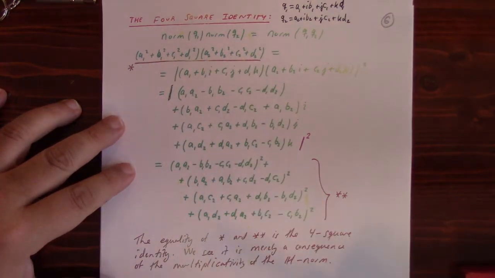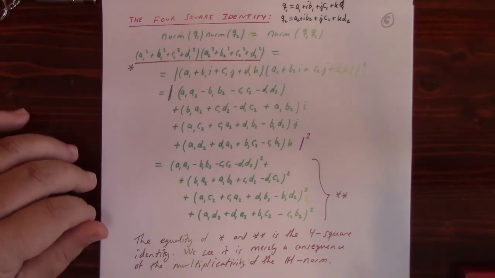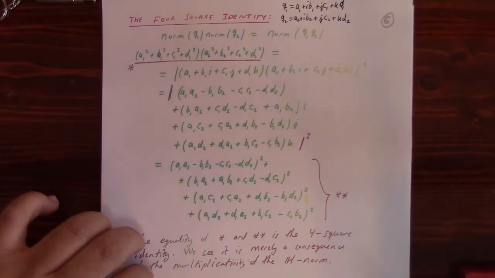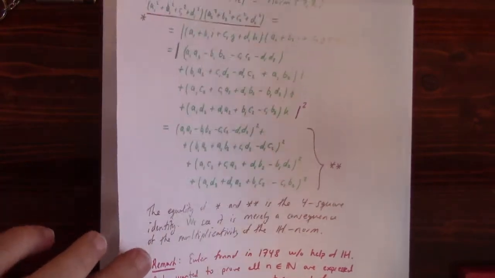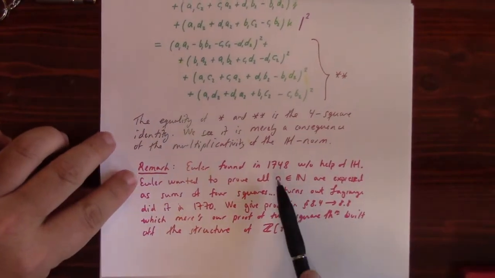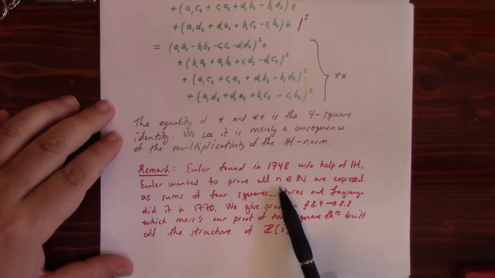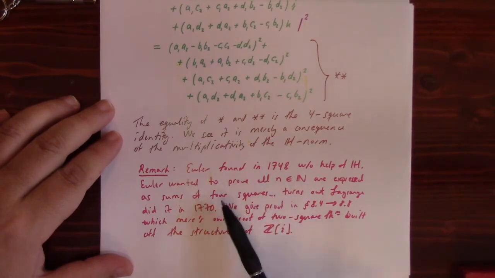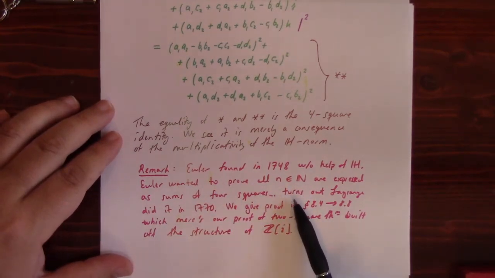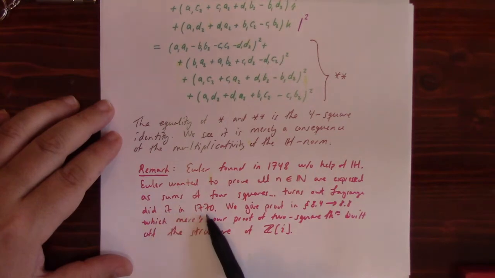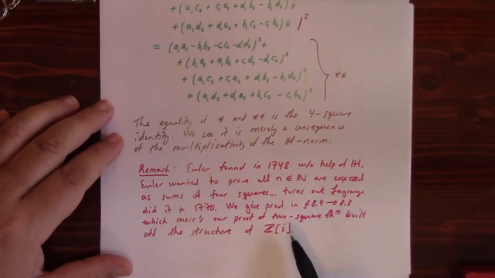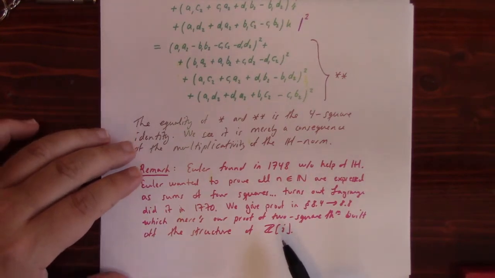This is the foursquare identity. Who found this? Euler. Euler found it in 1748 without the help of the quaternions. And Euler wanted to prove all natural numbers were expressed as sums of four squares. It turns out that Lagrange did it in 1770. And we'll give the proof in the second part of this lecture. Kind of, I'll sketch it at least.